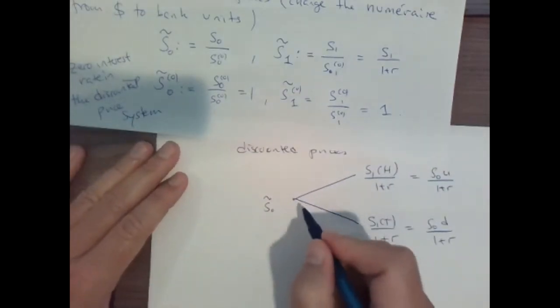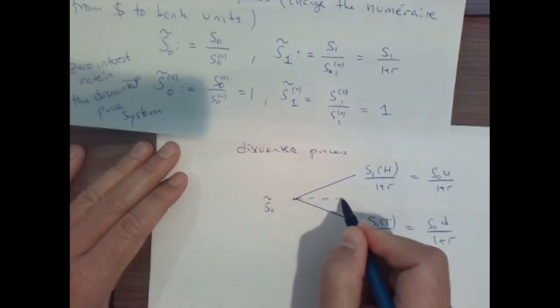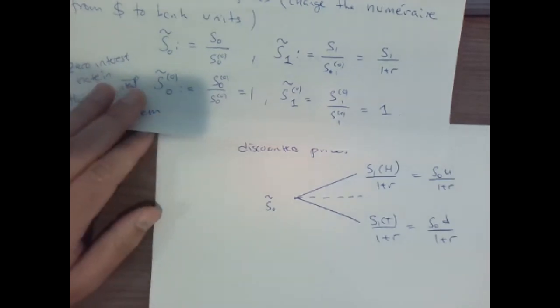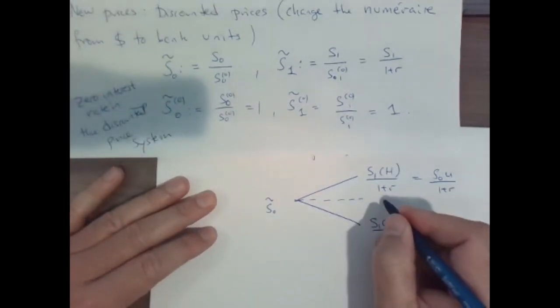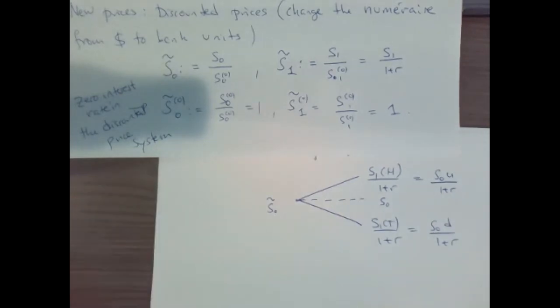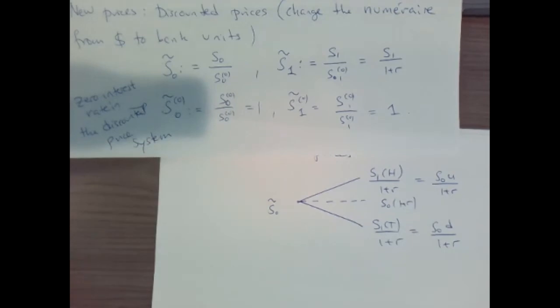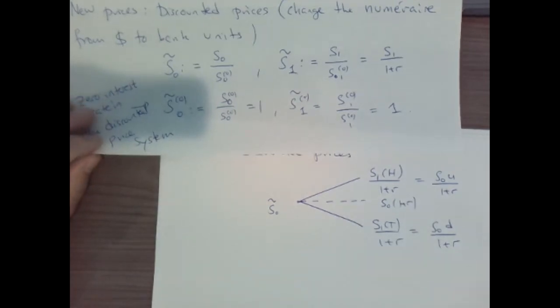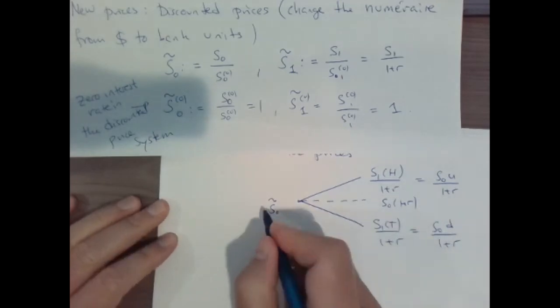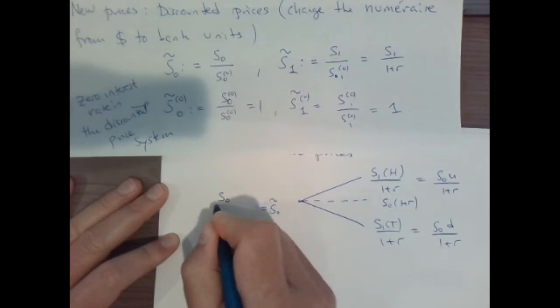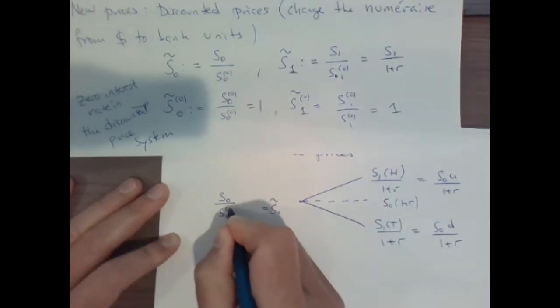And then in between here, what will I have? I'll have S0 times 1 plus R. And I'll have S0 here because this is equal to S, the stock undiscounted, divided by the money market account value at time 0.